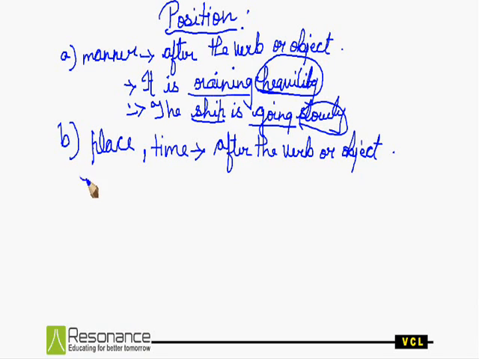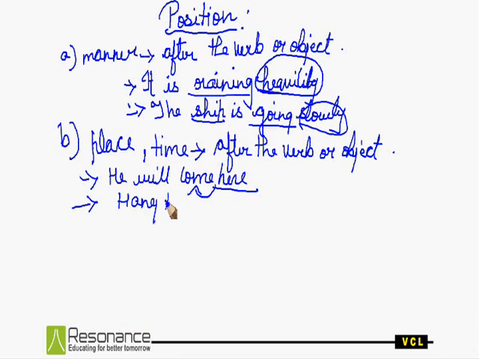For example, he will come here. Here is place, placed after a verb. Hang the picture there. There again is place, placed after the object.